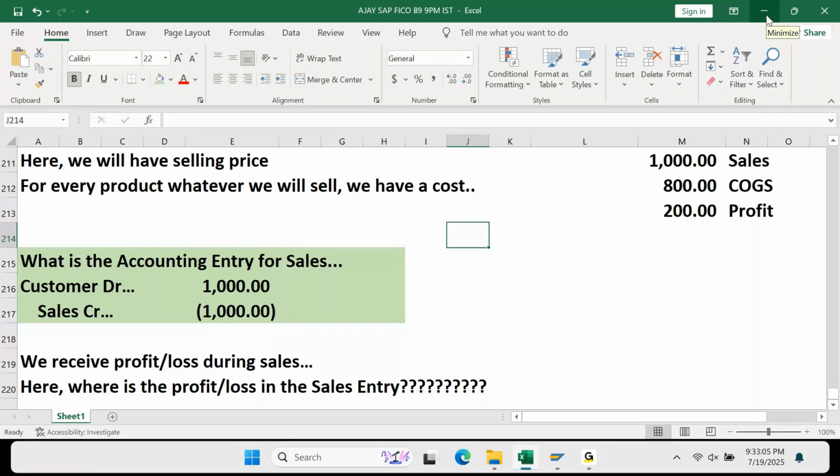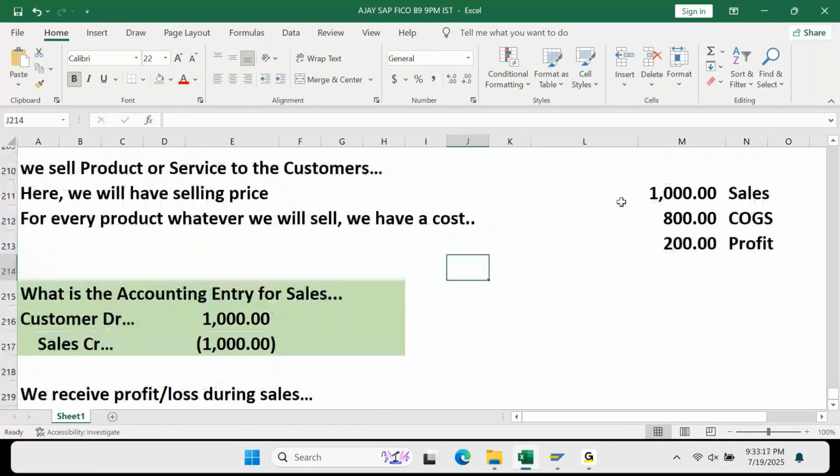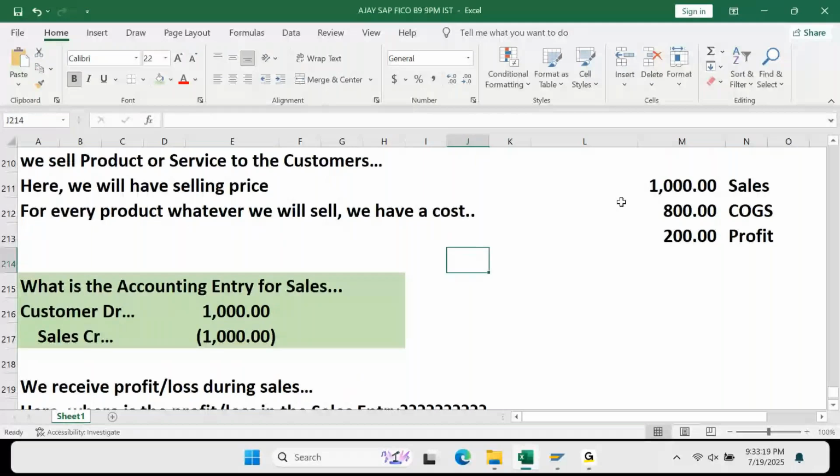Is it so easy to understand how profit is getting accounted in accounting? Forget about SAP. Everybody understood this so easily, right? 1800 and 200. But when you write this into an accounting entry or journal entry, it creates a little confusion or not?